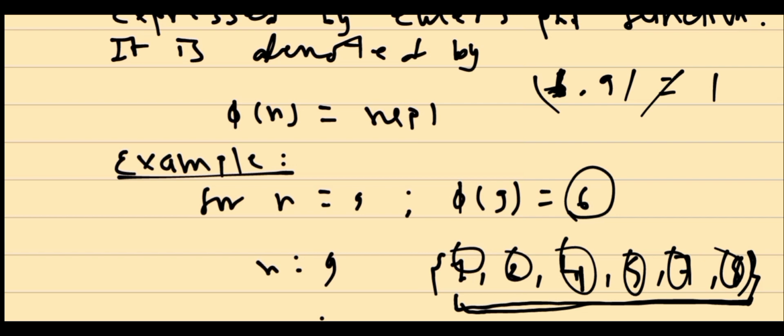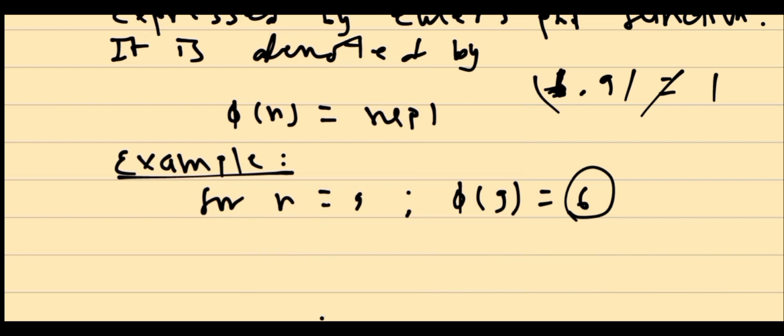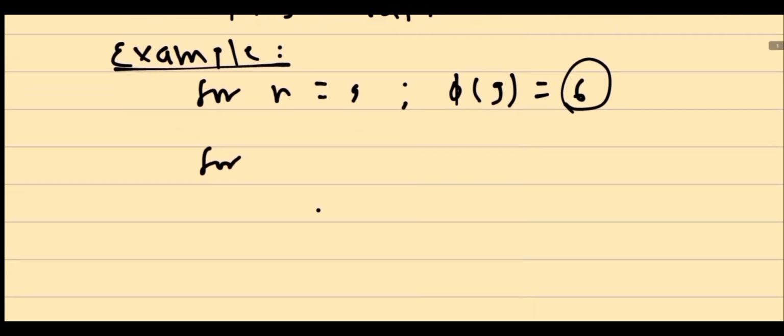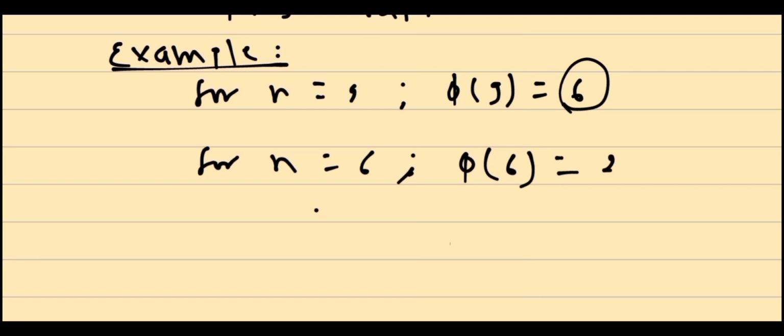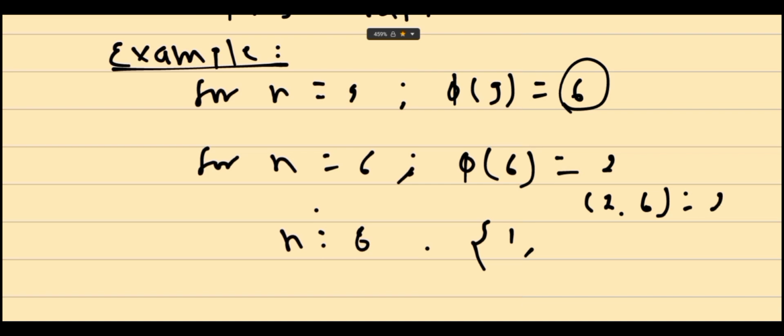And also a second example, for n is equal to 6, we have phi of 6 is equal to 2, because when n is equal to 6, for the number of relatively primes, 1 is relatively prime to 6, but 2 is not relatively prime to 6, because GCD of 2 and 6 is equal to 2, so it is not equal to 1.